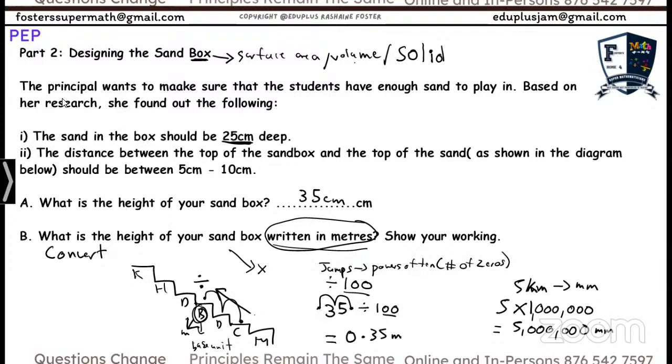So talk to me now. What is the height of the sand? What did they tell me about the sand? The sand is supposed to be what? 25 centimeters deep.